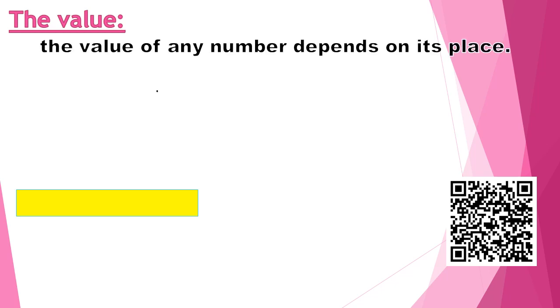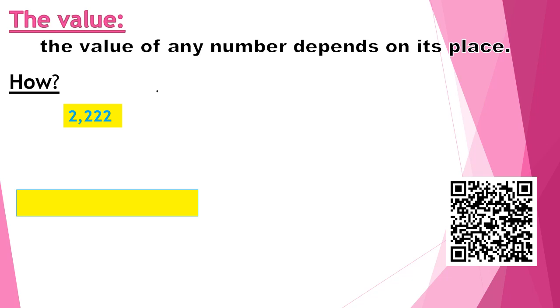Now let's move to the value. We studied the value in grade 2, and we said before, the value of any number depends on its place. How can we do this? I have an example here, this number. First, let's read this number.